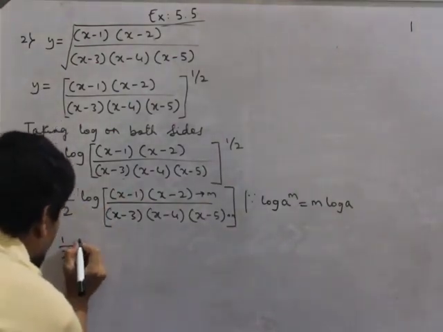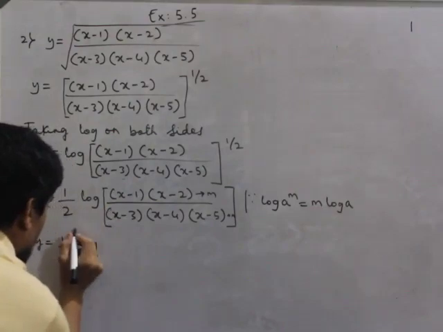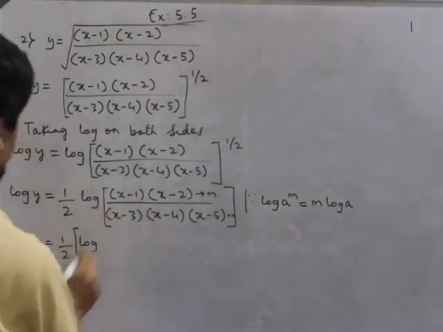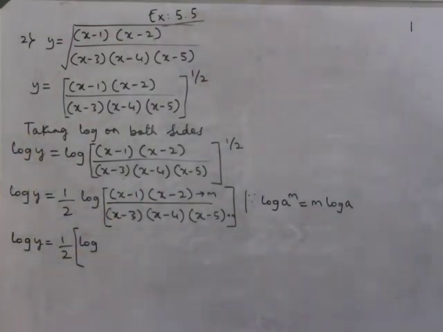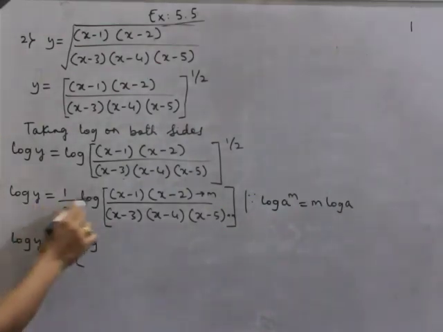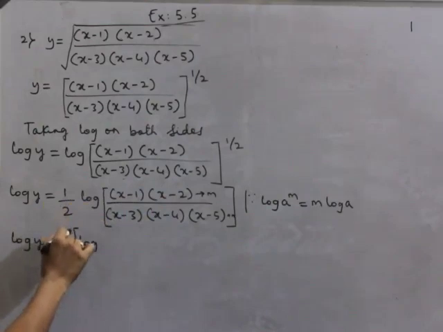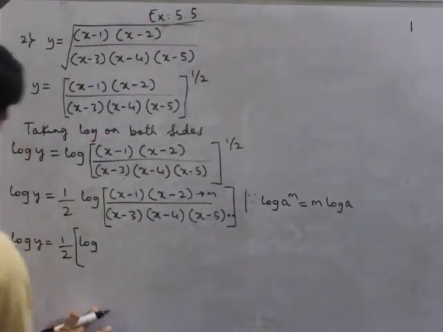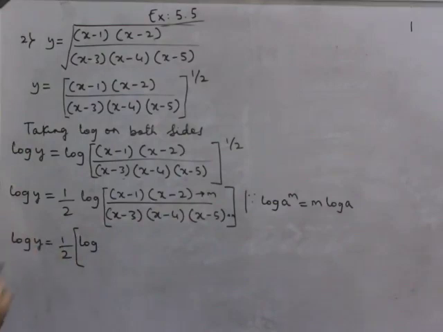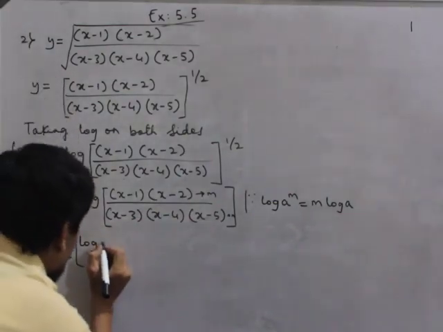Half into, now this half belongs to the entire thing. So you have to be very careful. Apply brackets to avoid confusion, because this half belongs to everything. When you write without brackets, you might consider it only for the first term, so the second term you will leave out, and you will get a different answer which will be wrong. That is the reason I have written the bracket here.